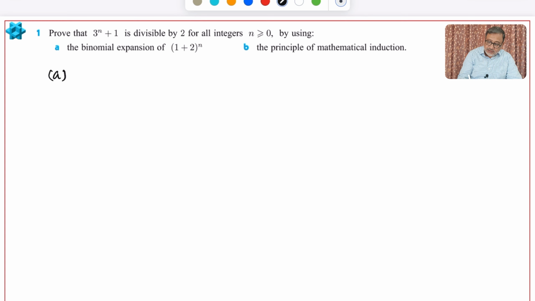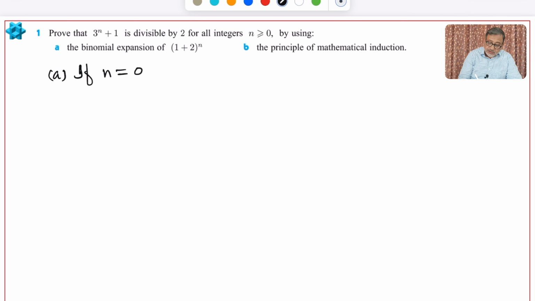Now look here, as I told you, the initial condition has to be considered first. So n greater than or equal to 0. So what is the initial value of n? 0, right? So I will start with the initial value. If n is equal to 0, right?